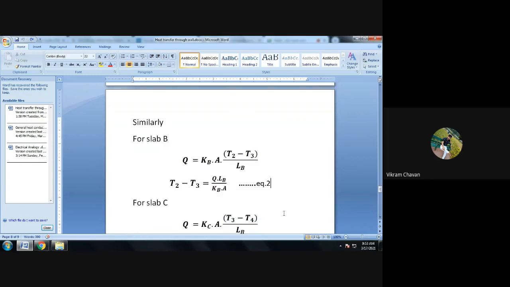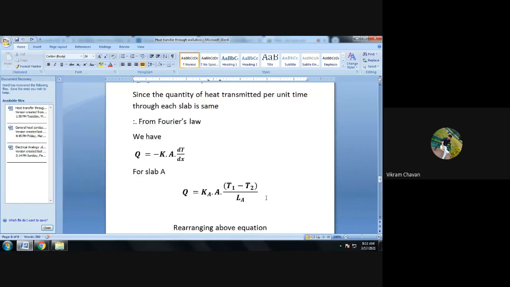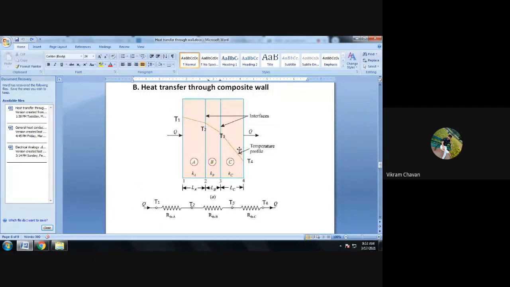In a similar fashion, we apply Fourier's equation for slab C. Now for slab C, what are the extreme point temperatures? Slab C is this one, and its thermal conductivity is K suffix C. Its thickness is L suffix C, and the initial temperature for slab C is T3, and the final temperature for slab C is T4.